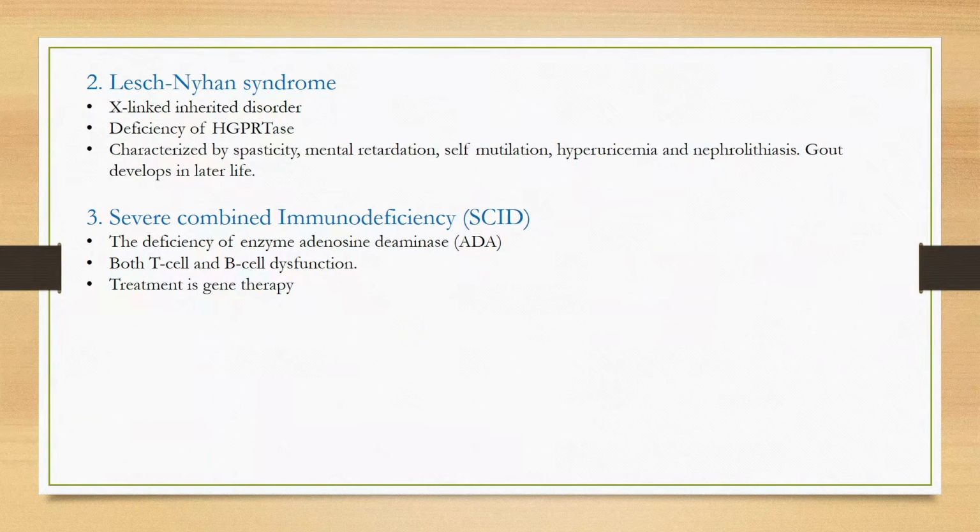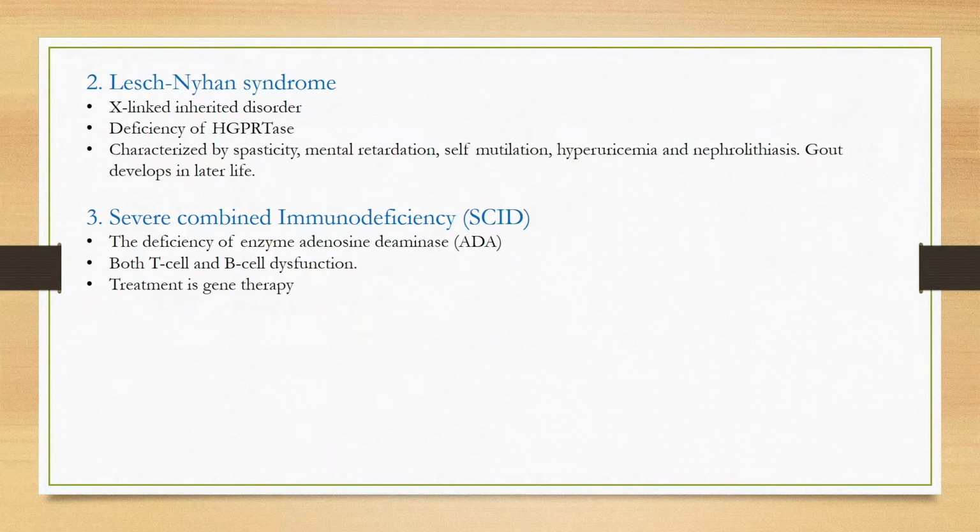Another disease is Lesch-Nyhan syndrome. It is an X-linked inherited genetic disorder, characterized by a deficiency of hypoxanthine guanine phosphoribosyltransferase, a salvage pathway enzyme.